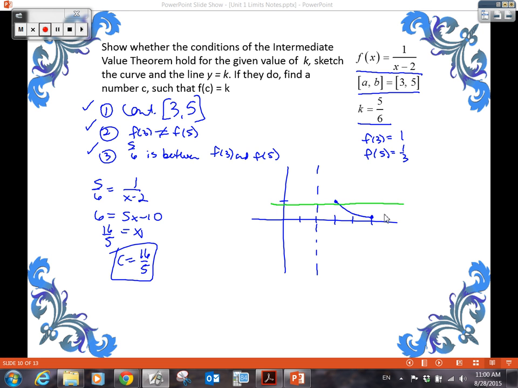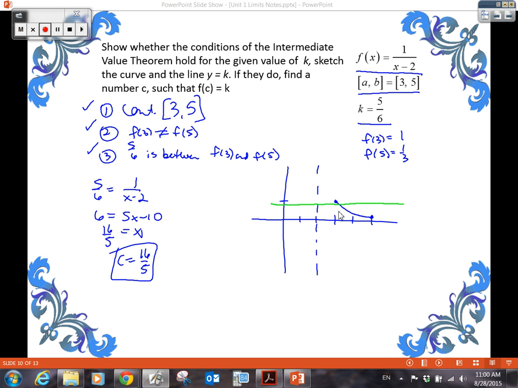It just basically verifies what we found. That there is a c value, there's just one of them, and it's right there. Okay, does that make sense? So that's how this problem takes us through all the different steps. Proving and finding c and graphing.